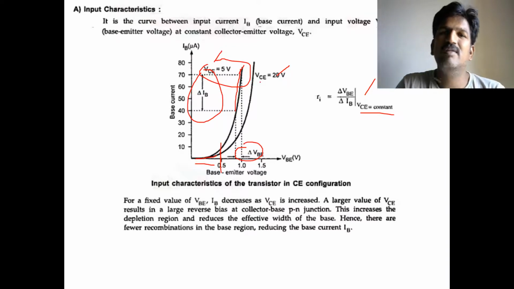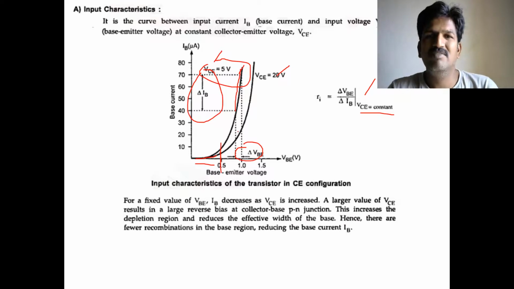It takes more time to reach higher currents. Just observe here, VCE of 5 volts compared to 20 volts is conducting, so it has early conducting current. But when VCE is 20 volts, it has current too, but not early.